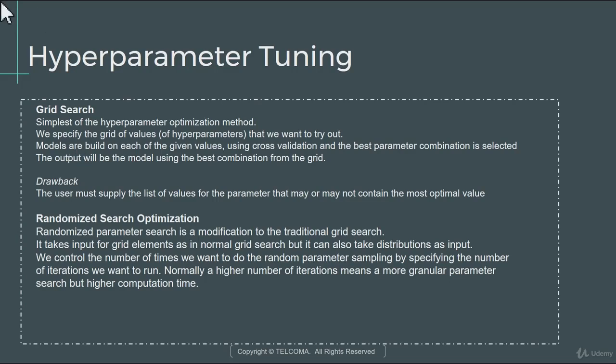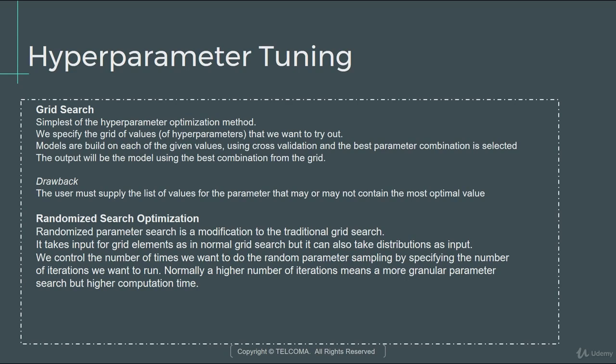What happens here is, let's say you have an algorithm. For that algorithm, you have a hyperparameter, and that hyperparameter will be taking a value. Let's simplify this context. Let's say the algorithm is logistic regression, and in logistic regression, the hyperparameter would be the parameter C, which is the inverse of regularization complexity.